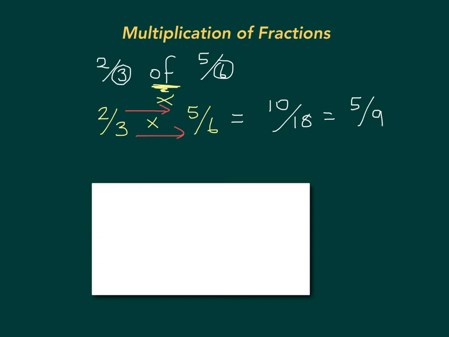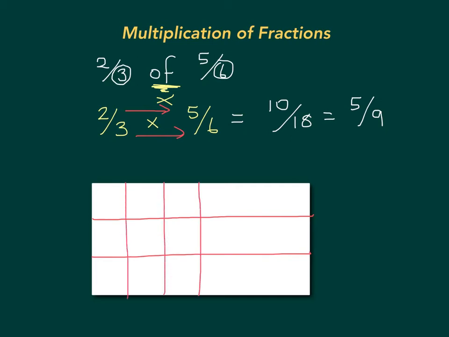So let's go 3 sections this way, 1, 2, 3, and we'll go 6 this way. Good. So we have our chocolate bar, and we're asked 2/3 of 5/6.